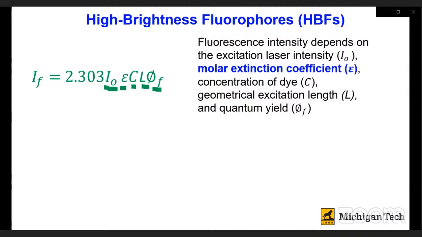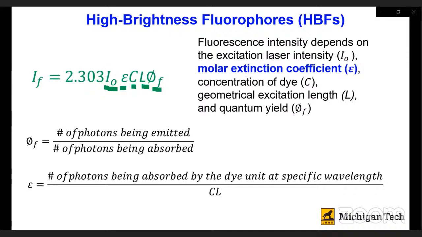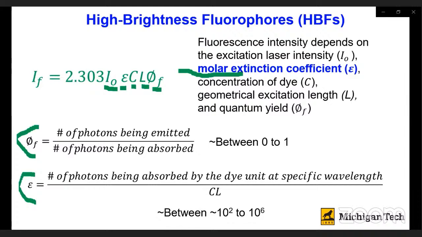As a physicist, we look into numbers as well. For example, quantum yield itself always ranges between 0 and 1, whereas epsilon, the molar extinction coefficient, can be tuned between 10 to the power 2 and 10 to the power 6.